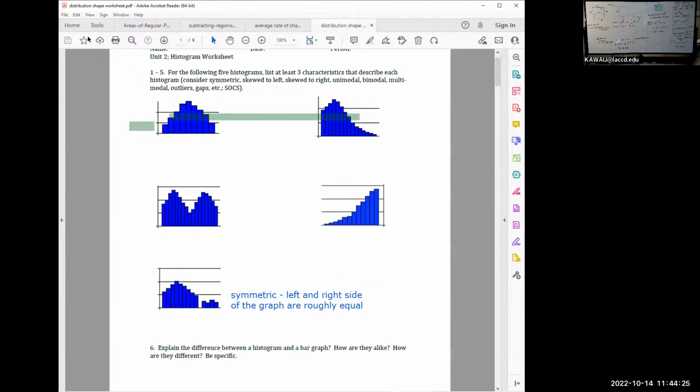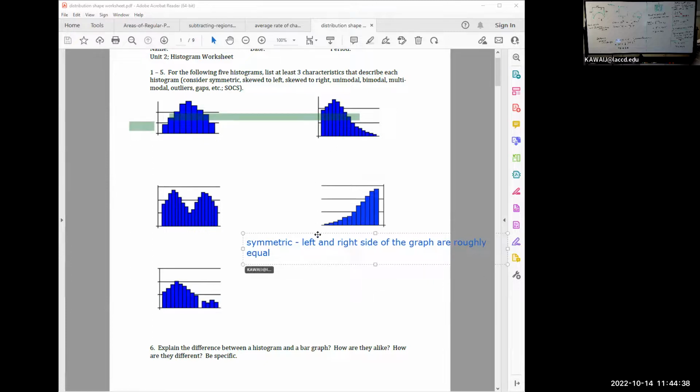Okay, and then let's move this over here. So of everything over here, this one is symmetric.